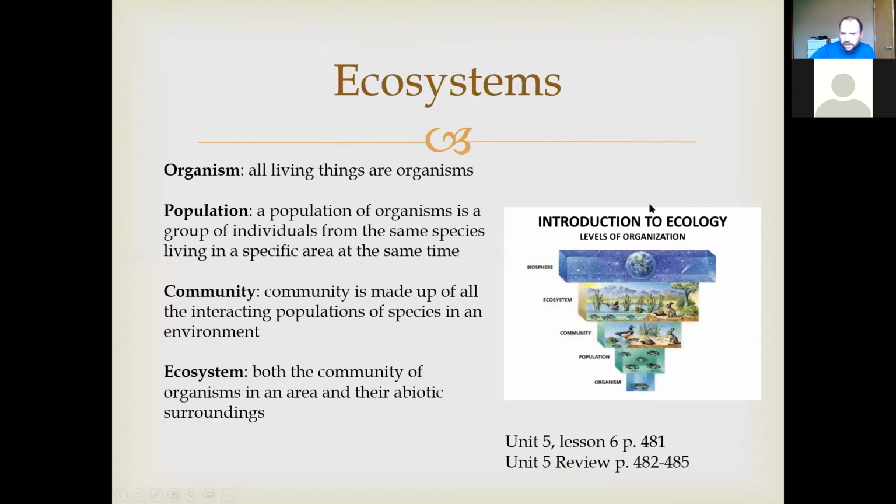And then this is especially something that we'll talk about more in science, but just talking about what an ecosystem is. An ecosystem is a local environment made up of all living and non-living things. In science, we have this step up from organism, population, community, ecosystem. Really, for social studies, we're just focused on the ecosystem, where it takes into account all living and non-living things in a particular region.